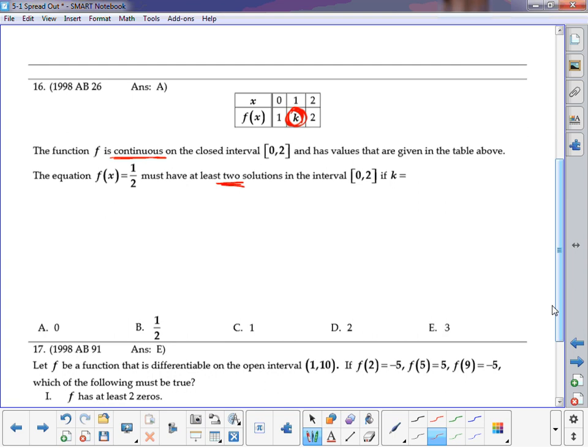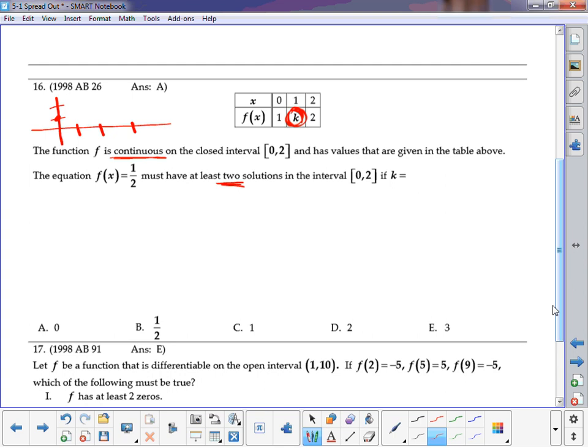Okay, so you can kind of think of the graph, or you can think of just kind of guessing and checking here. So if I take a look at my graph, at 0 we have 1. And at 1, it's k, so k has to be somewhere in there.